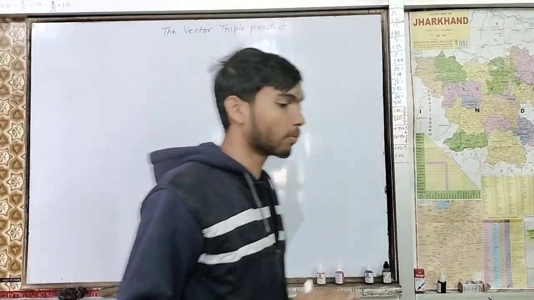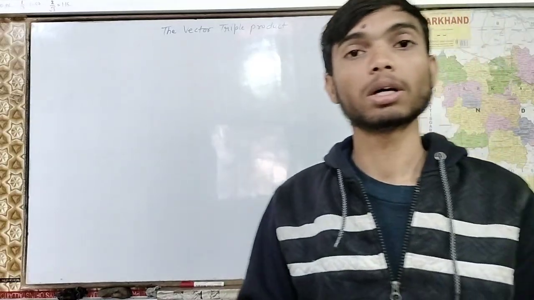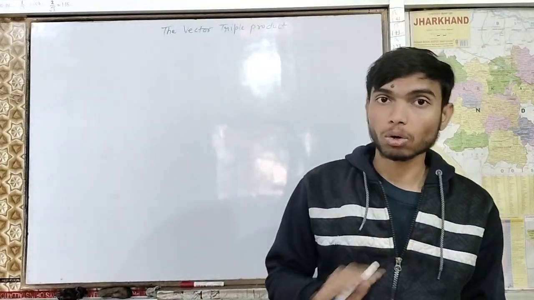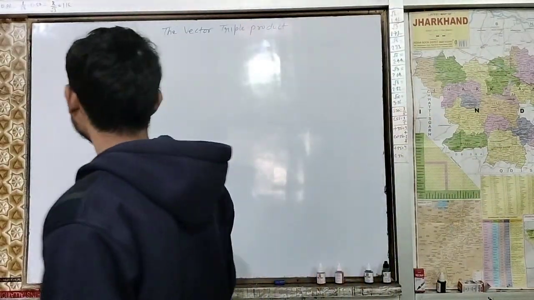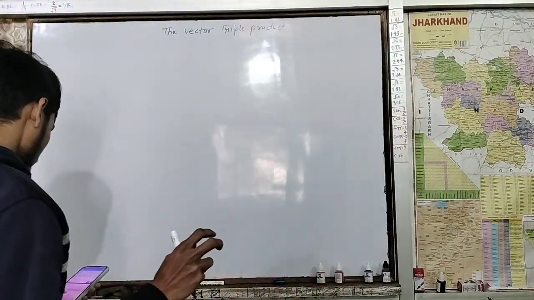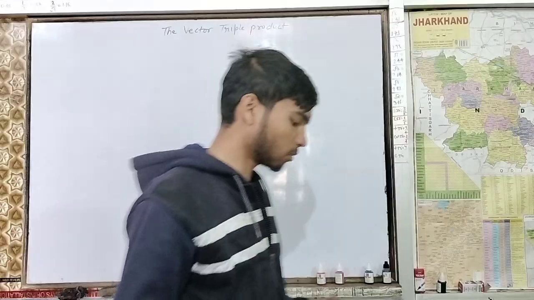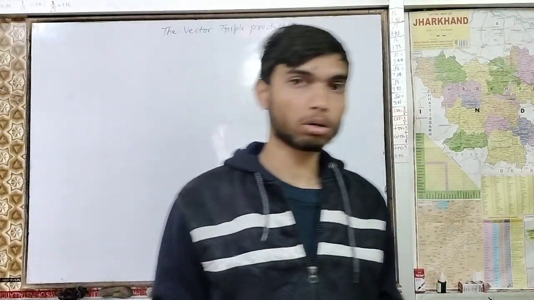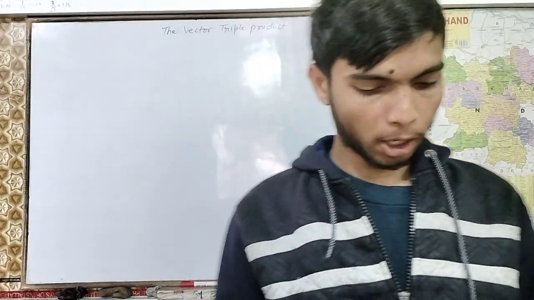Means when we are talking about VTP, we don't care about the dot. Only we will use cross. So the cross product of one vector with the cross product of two vectors.